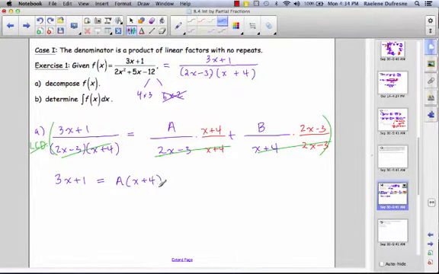Now there are several approaches to solving this. One approach is to expand fully, and then notice that we have some constant terms and some variable terms.